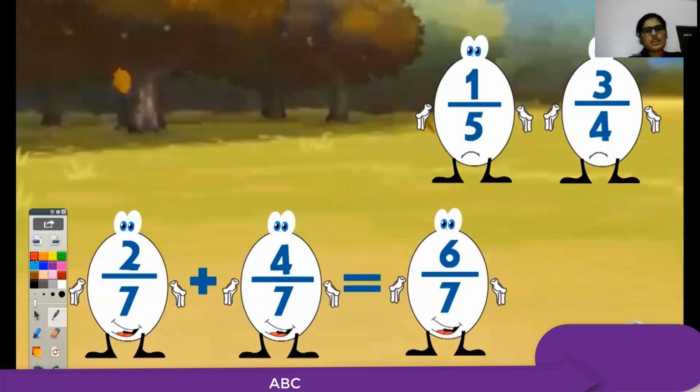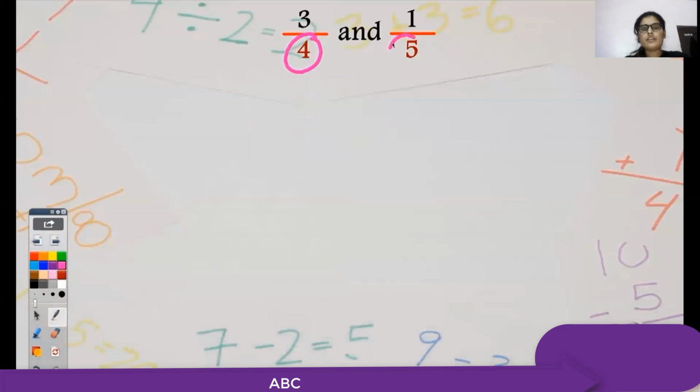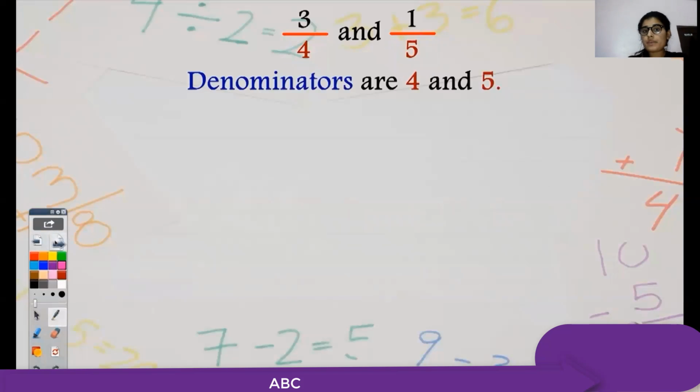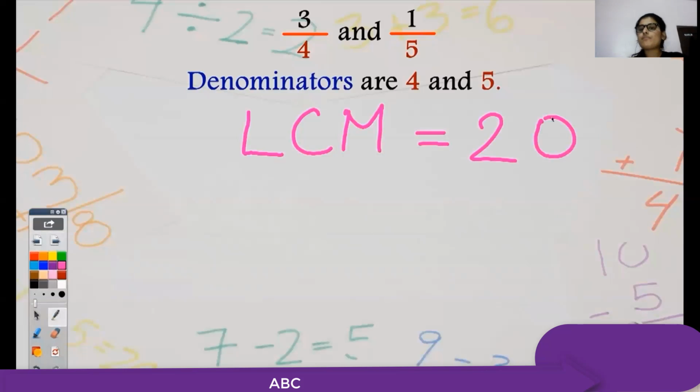So let's see. Can you see here we have denominator 4 and denominator 5. So the first step: the denominators are 4 and 5, and now I need to find the LCM of 4 and 5. The LCM of 4 and 5 is 20.